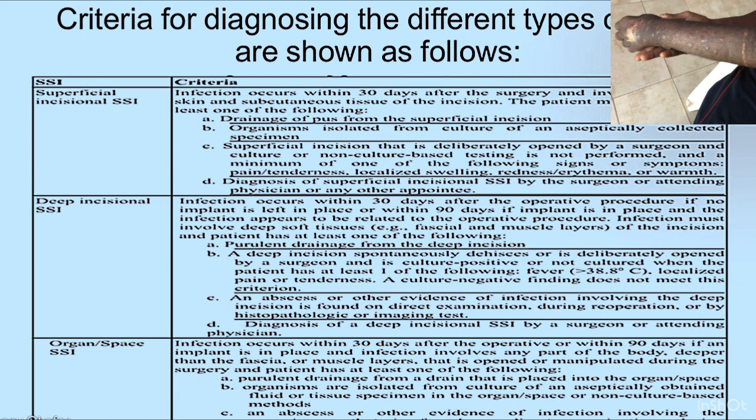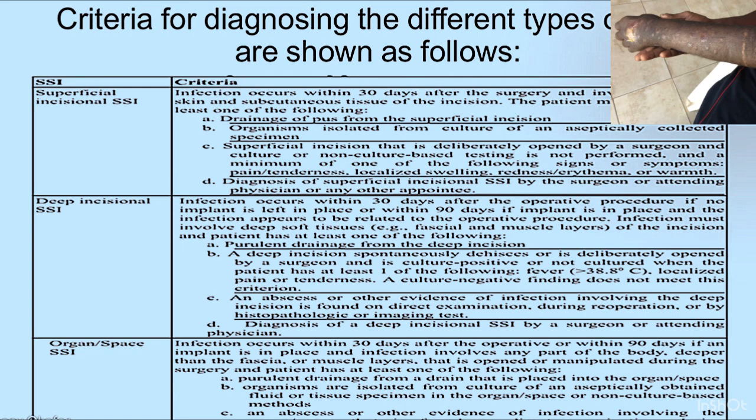The patient must have at least one of the following: purulent discharge from the deep incision, a deep incision that spontaneously dehisces or is deliberately opened, and it is culture positive or not cultured when the patient has at least one of the following: fever greater than 38 degrees centigrade, localized pain or tenderness. A culture negative finding does not meet this criteria. Or an abscess or other evidence of infection involving the deep incision, and then diagnosis of the deep incisional surgical site infection by a surgeon or attending physician.